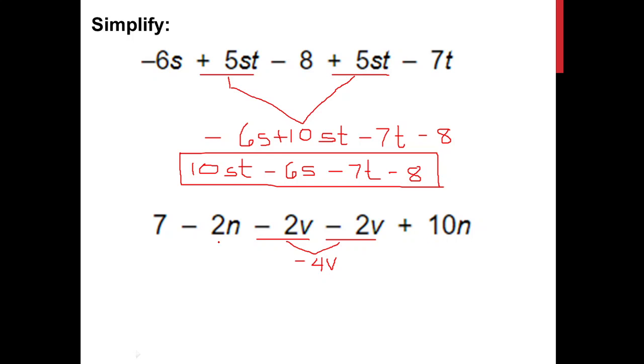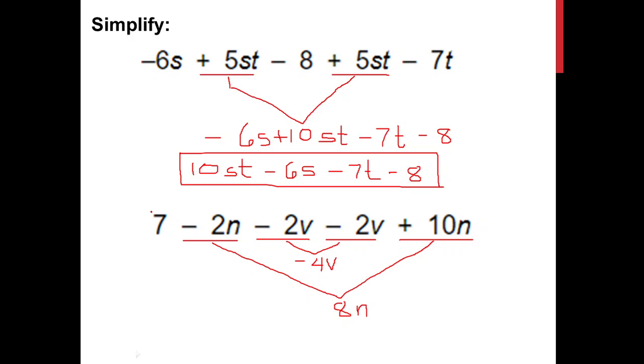Now we can also combine n and n here. So I have negative 2n and positive 10n. I have negative and positive, so we need to subtract and then copy the sign of the biggest number. So I have 10 minus 2, which is 8, and then copy the variable. The sign of this one is positive because 10 is bigger than 2 and 10 is positive.